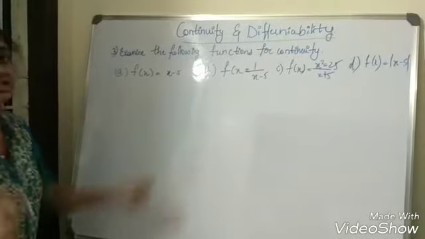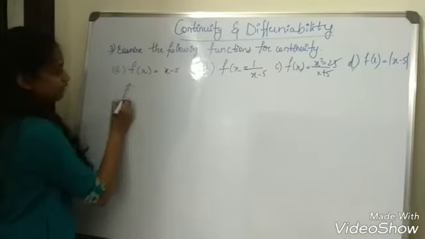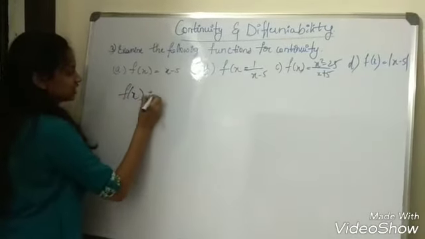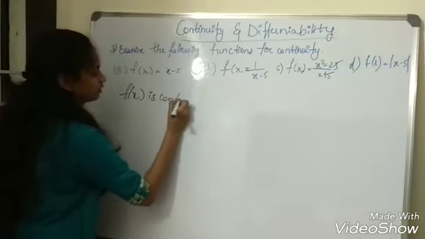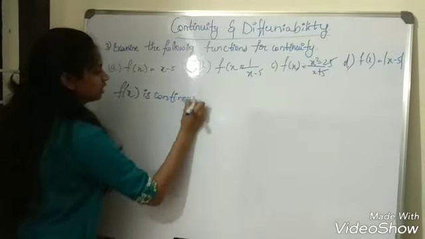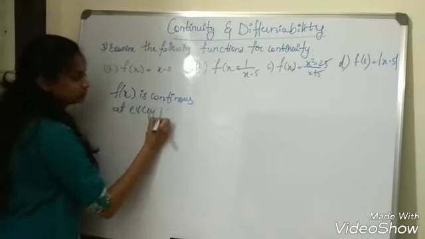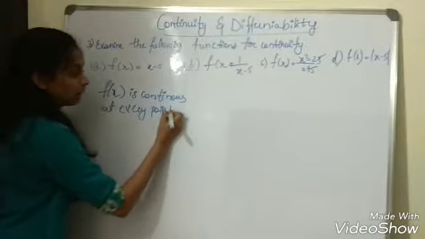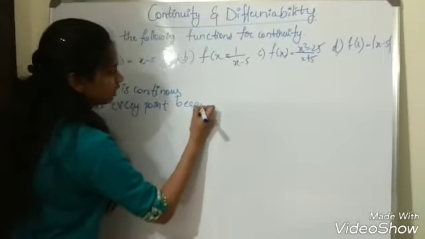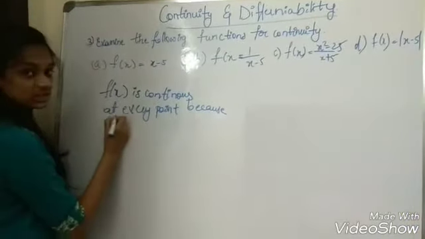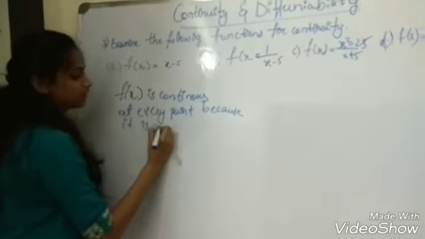So f of x is continuous at every point because it is a polynomial.